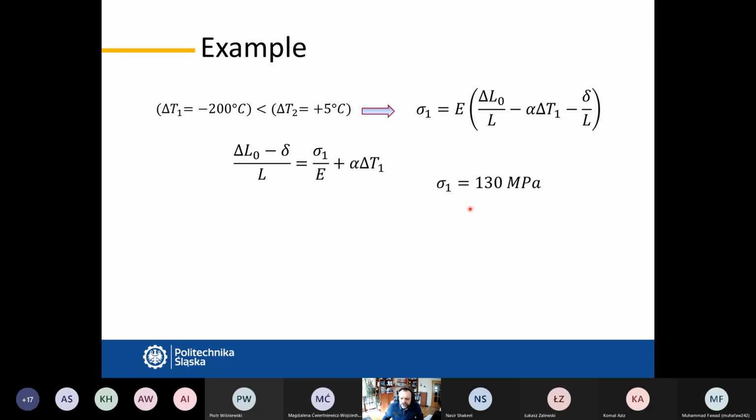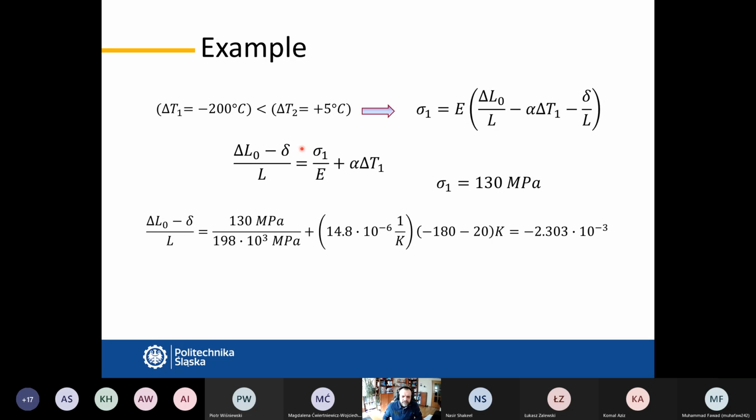We know that sigma should be kept at the level of 130, so no bigger than that. So let's assume we are calculating what is the required gap to have the stress on this level. Of course, if the gap is bigger, the stress will also be lower.